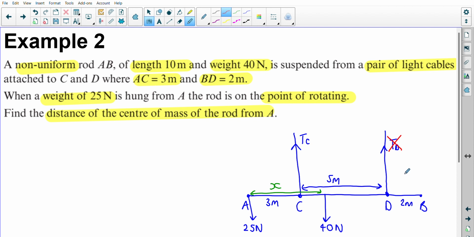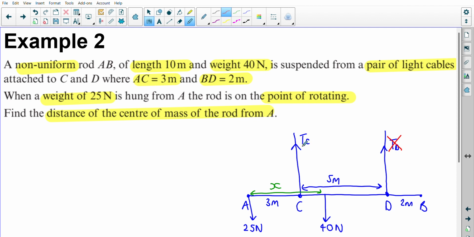Now, we don't actually need the tension force or need to find it. Just like the last one, I didn't actually need to find the normal reaction. So if I don't need to find the tension force, then it might be better to take moments about C to then find this distance X, okay?